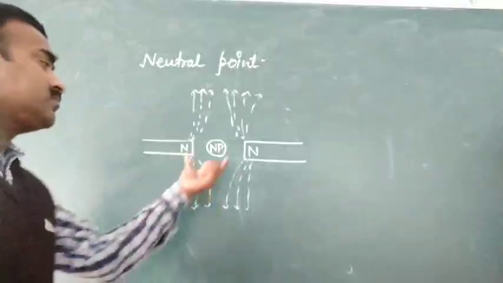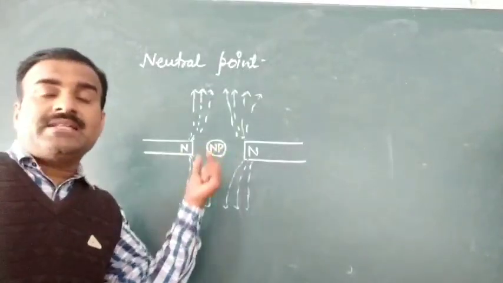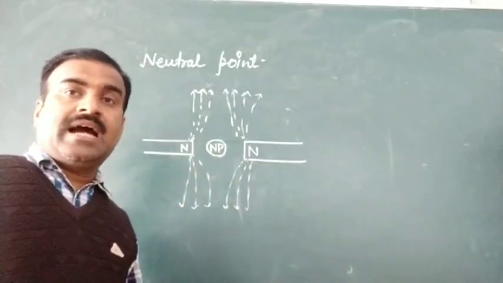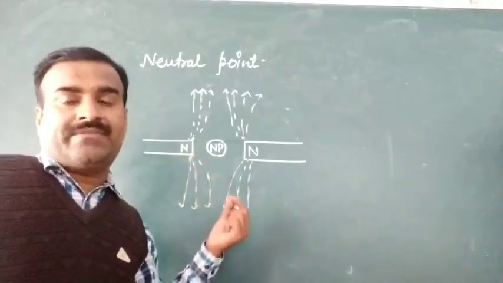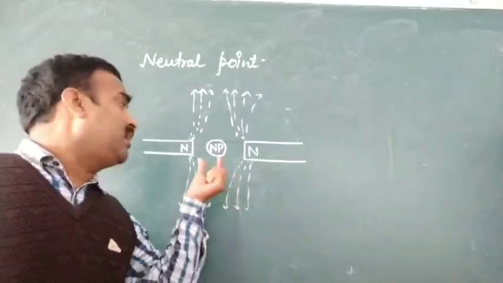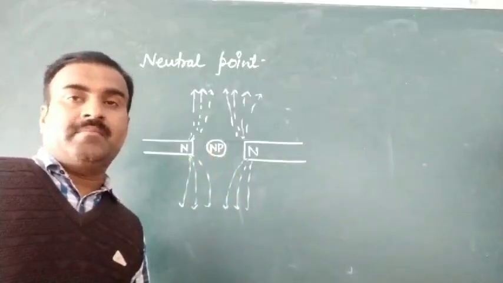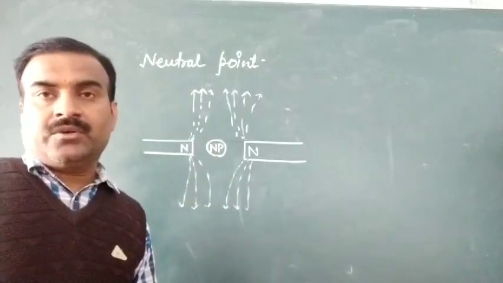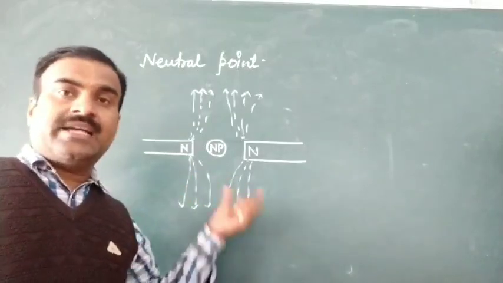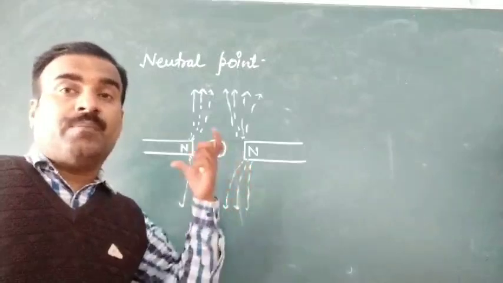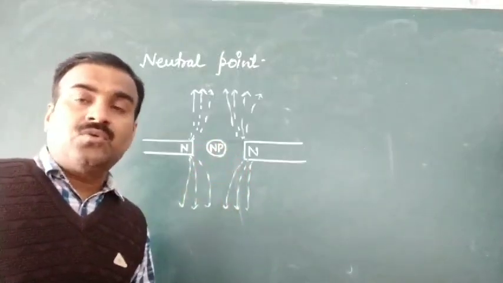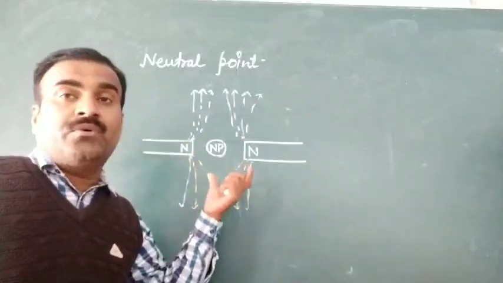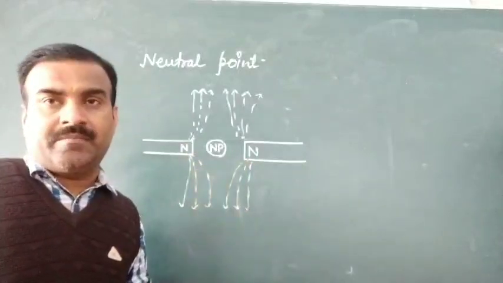That means the space in between two opposing magnetic fields at which no deflection will be got by the magnetic needle is known as a neutral point. North and north pole both will repel each other.